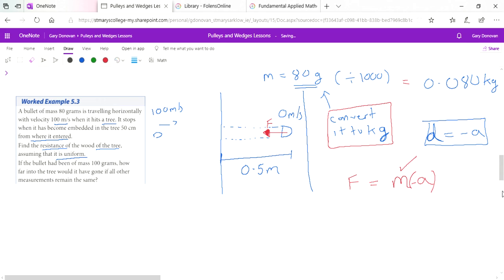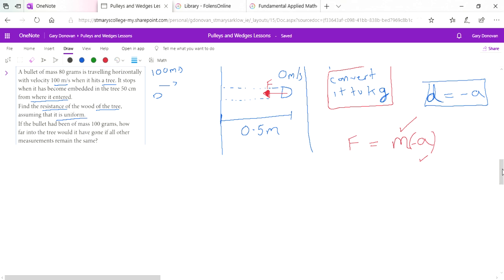We know the mass, 0.080 kg, we just need to find a. So how will we find a? Well, anytime we have acceleration and distance and time and all these things, we're using UVAST. So we use UVAST to find what our deceleration is. Initial velocity was 100, final velocity was 0, and the distance it travelled was 0.5 meters.